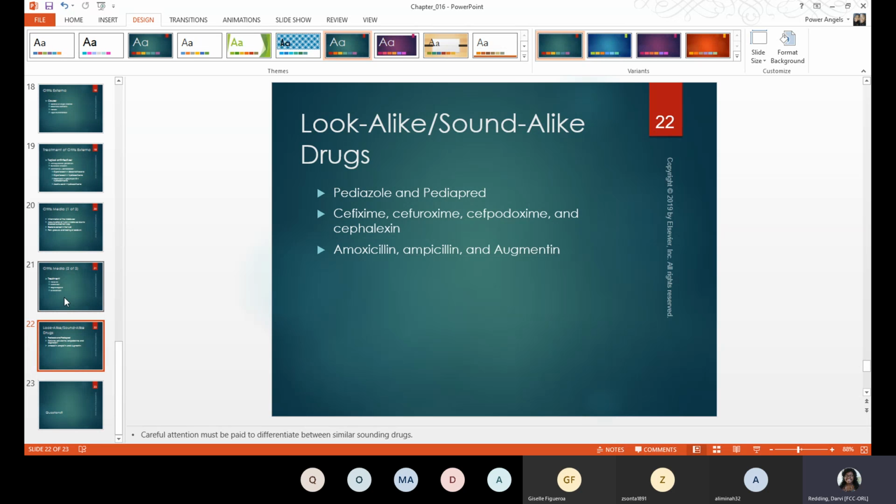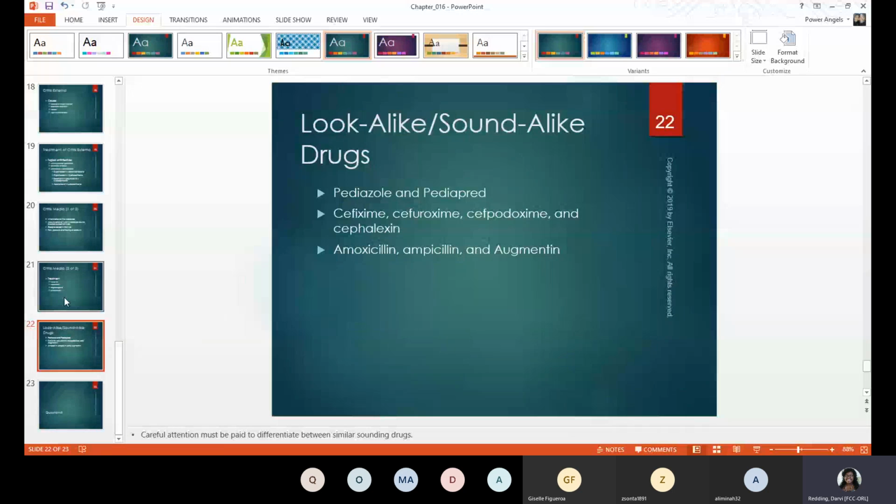Other drugs that are very commonly mistaken would be cefixime, cefuroxime, cefotaxime, and cephalexin. I said that one earlier.